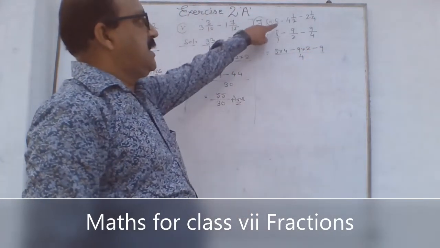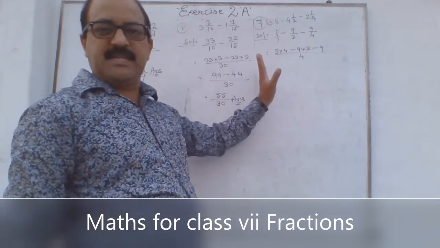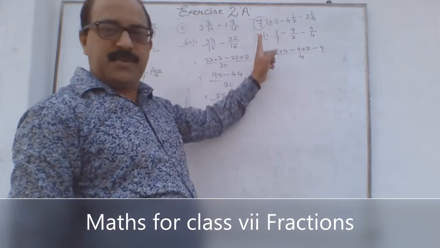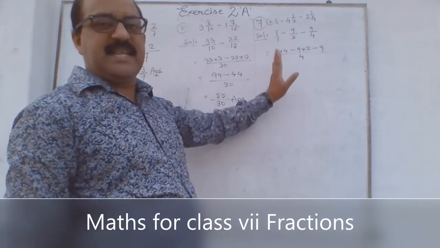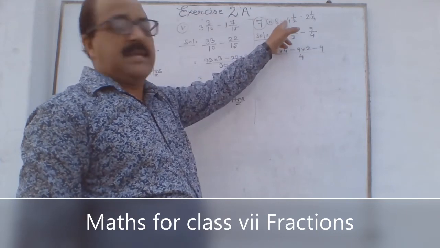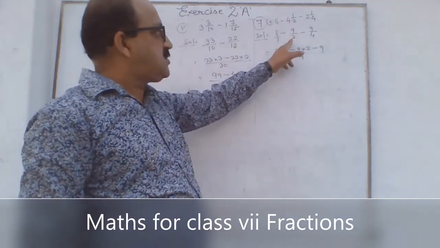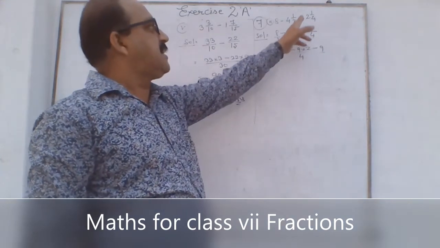Because here in the place of 8, nothing is in the place of the denominator. So we know 1 is always lying in that place. These are mixed fractions, they have to be changed into improper fractions.